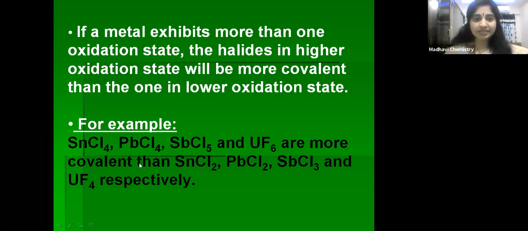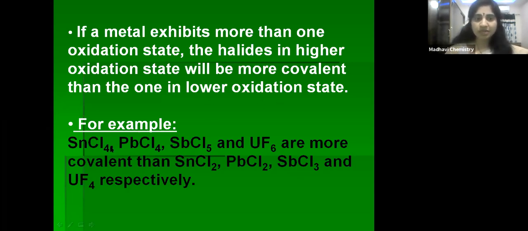Similarly, comparing uranium hexafluoride UF6 and uranium tetrafluoride UF4, UF6 has more covalent nature. So only remember that if a metal exhibits more than one oxidation state, the halides in the higher oxidation state will be more covalent than the one in the lower oxidation state.